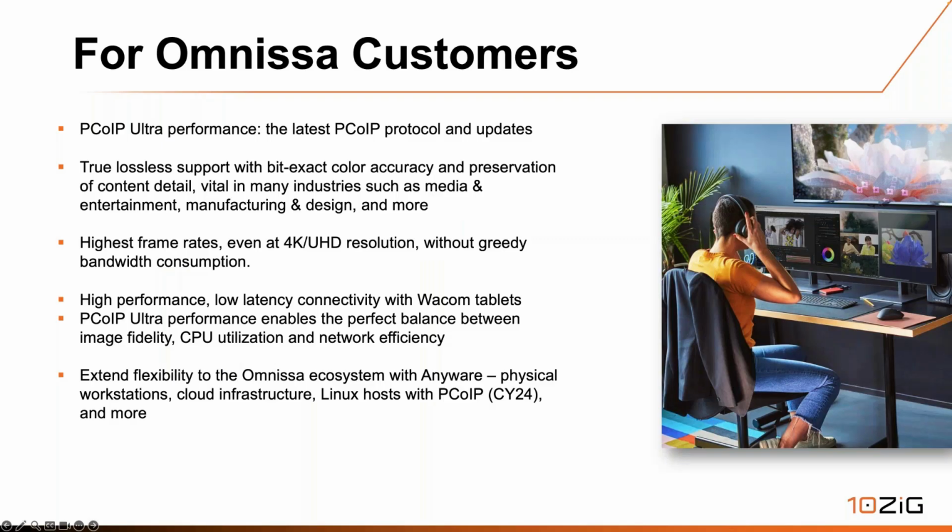It is designed for high-value, performance-driven use cases, and it enables organizations to confidently deliver premium workstations and desktops like the examples that Christina touched on. It delivers true lossless visuals, preserving exact color accuracy and fine detail. And this protects the integrity of creative, engineering and manufacturing workflows, as we'll see.